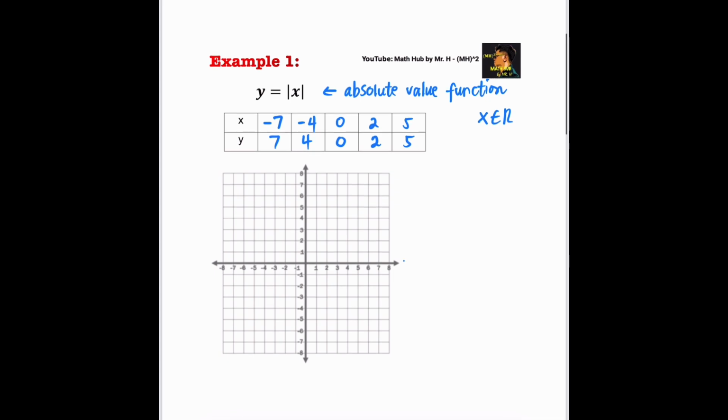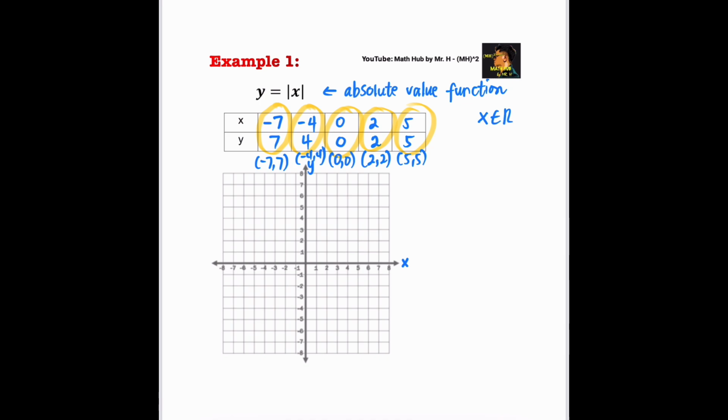So remember, you have here the x-axis, which is the horizontal number line, and you have here the y-axis, which is the vertical number line, and these are the sets of points that we need to plot. We have negative 7 comma 7, negative 4 comma 4, the origin 0 comma 0, 2 comma 2 and 5 comma 5.